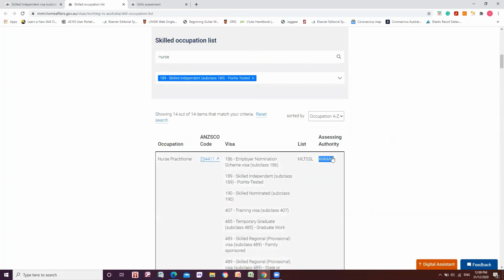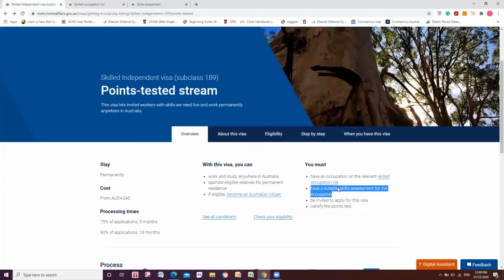Again, this step, suitable skill assessment, is a proof that your skill is equivalent to the occupation that you're applying for. If you are a nurse, you have to meet certain criteria given by the assessing body to prove that your skills, wherever you are in the world, are equivalent to the skills of a nurse here in Australia.